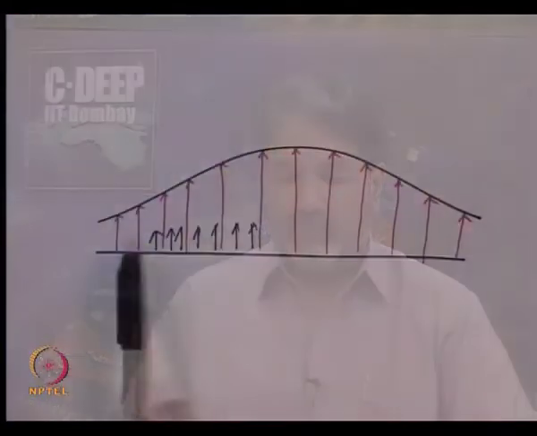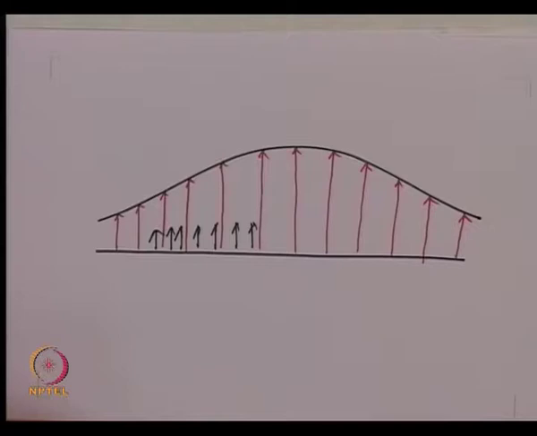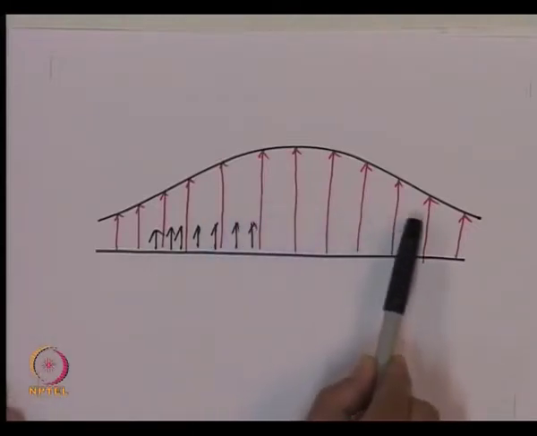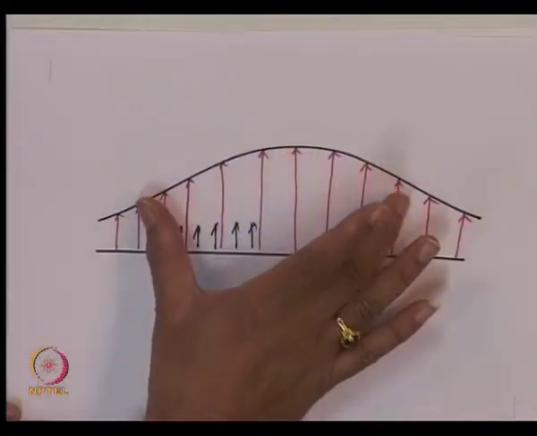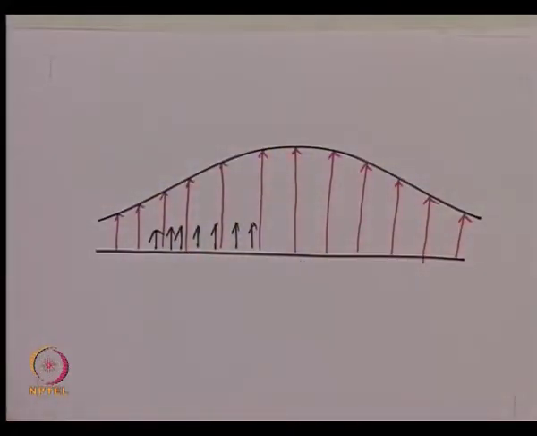So one thing is now very clear, that since the broadening is going to be because of the separation of different carriers within the spectral width of the source, the more the difference between these carriers, the more is going to be the pulse broadening. So the larger the spectral width of the carrier, the more will be the pulse broadening. So pulse broadening is now related to the spectral width of the carrier.